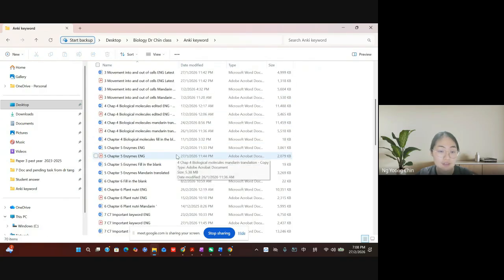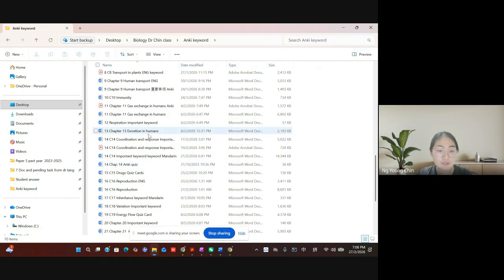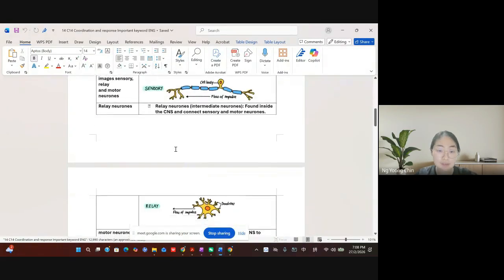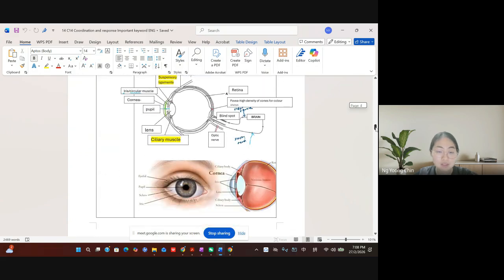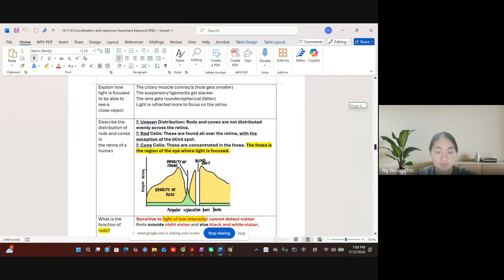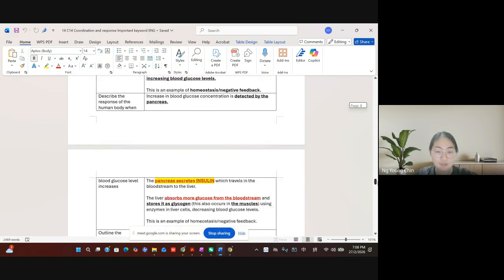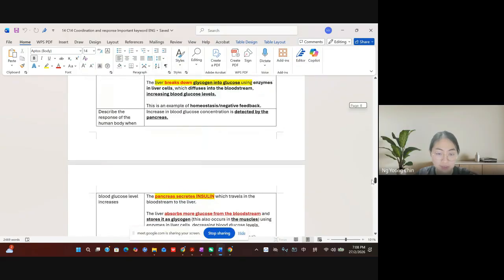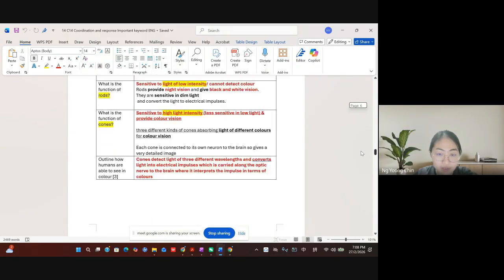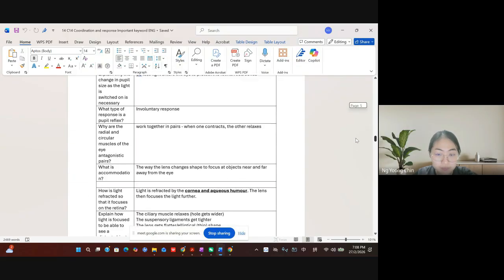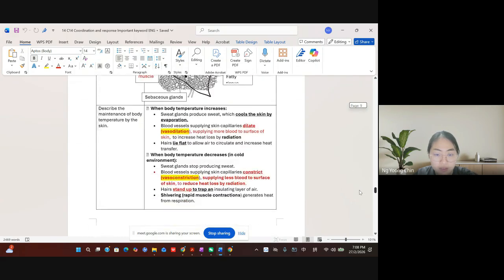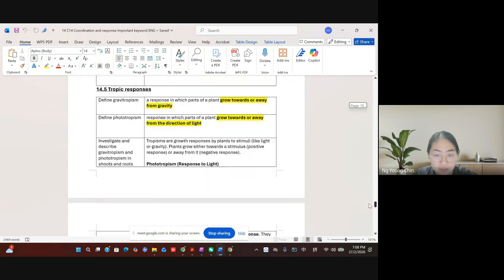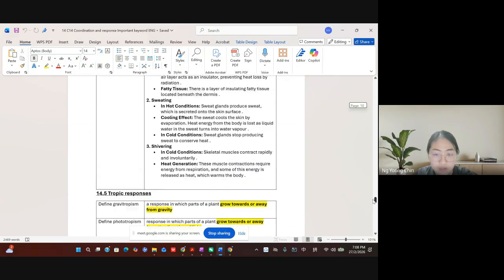Let me show chapter 14. Chapter 14 is about the pupil. It will dilate and it will constrict. So when we go back to see chapter 14, where is it? I thought I put the picture, the pupil constricting, but I didn't put it.